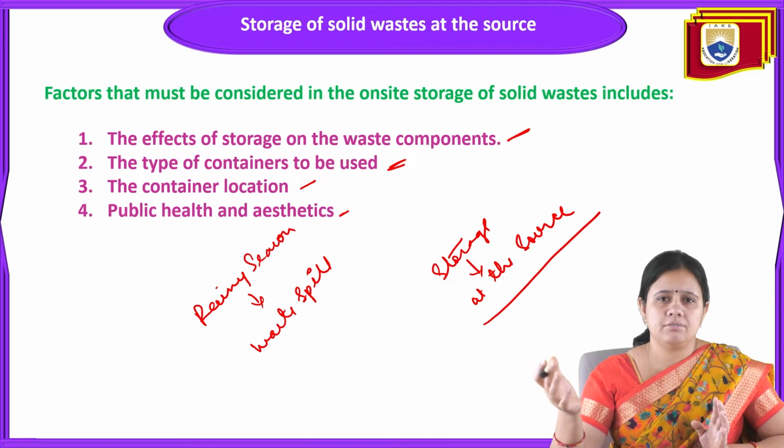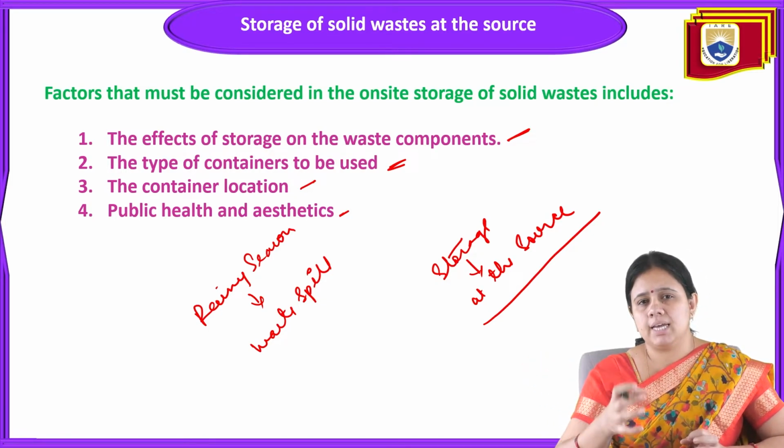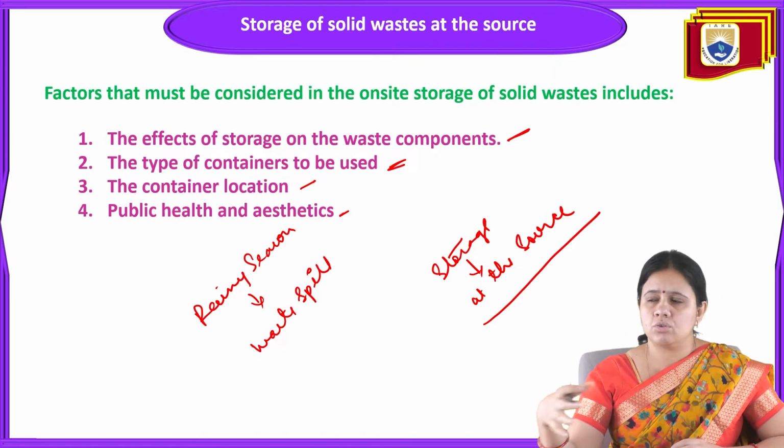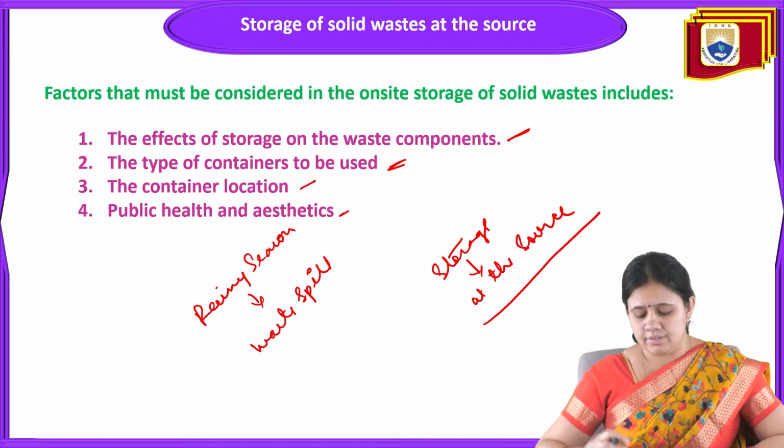It should not be very far, and not very near either. Public health and aesthetics are also important, because if you throw waste outside and it is not covered, flies, insects and mosquitoes will come. These are the main factors to keep in mind while designing the storage for solid waste.